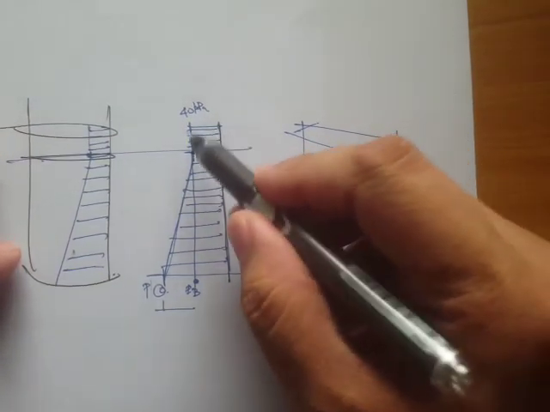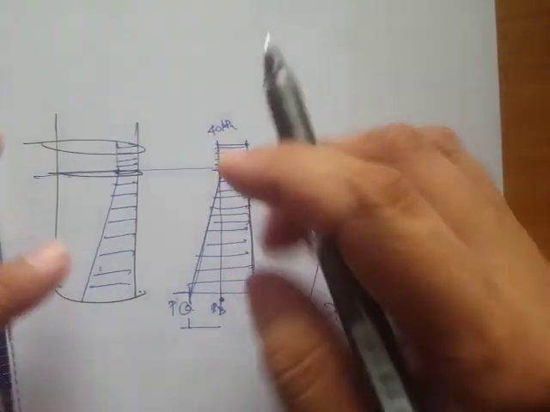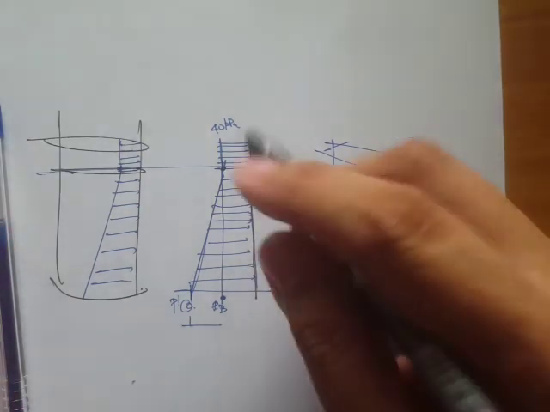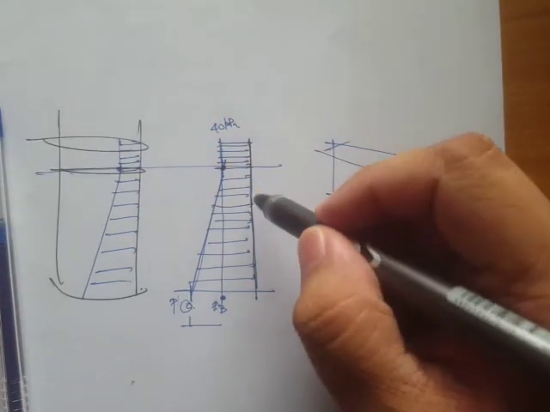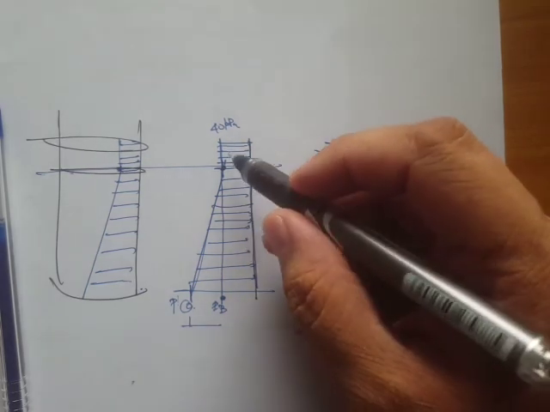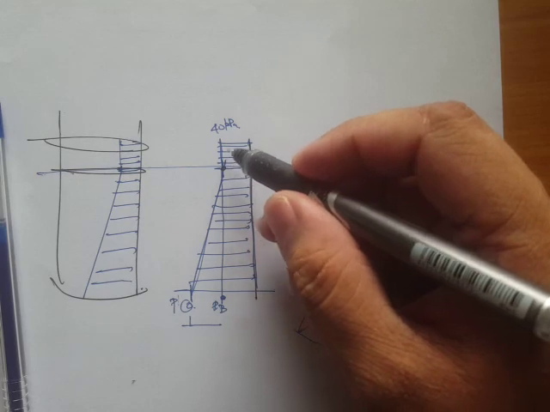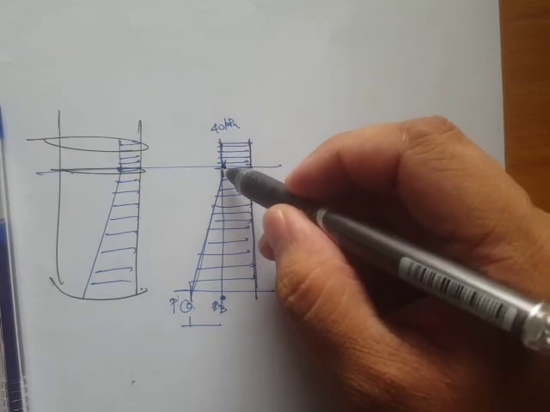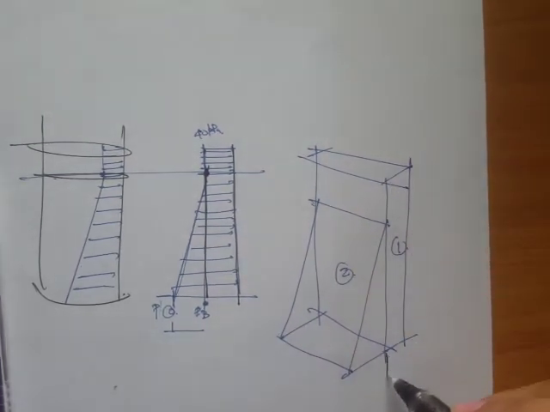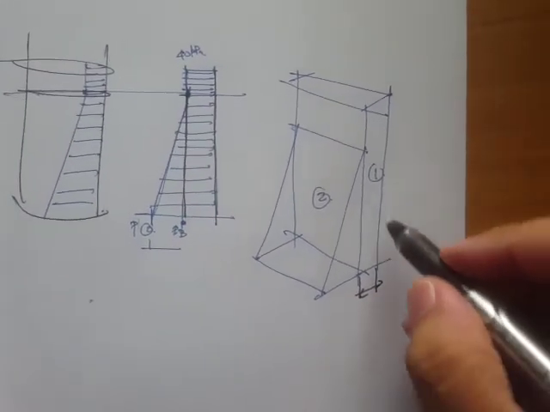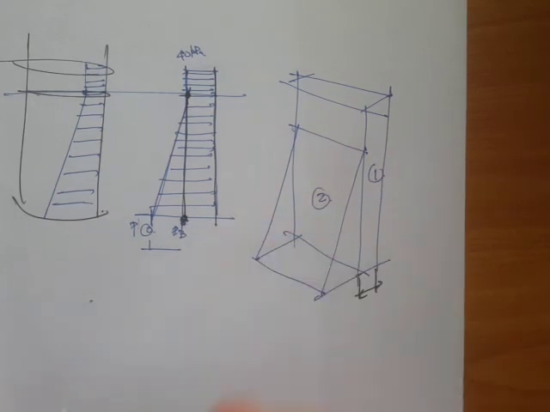It doesn't matter that this top layer is a layer of air and the bottom layer is a layer of oil, even though they have different densities or specific weights, because what we're solving here is the pressure. At this point we have a pressure of 40, and therefore in this prism, what you'll use is the pressure at 40.